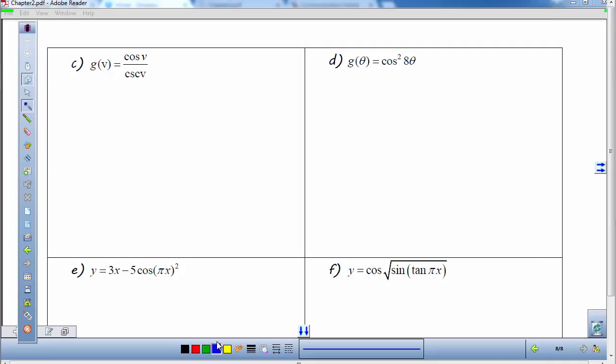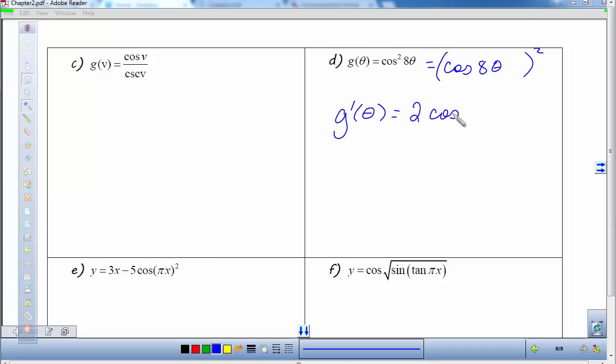This is really cosine 8 theta squared. Okay, the square is on the cosine. So in this one, I'm going to bring that out front first. So we get 2 cosine 8 theta. Okay, so my most outer part is that squared.